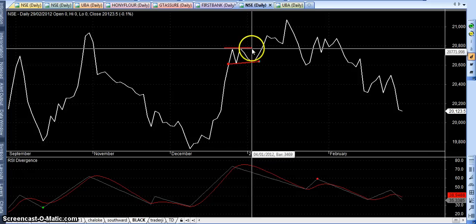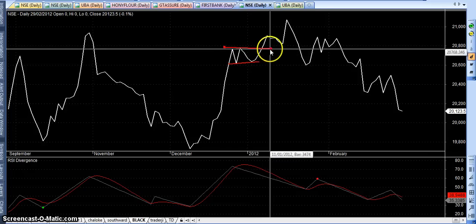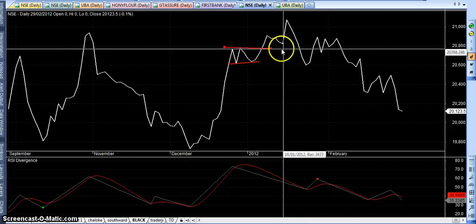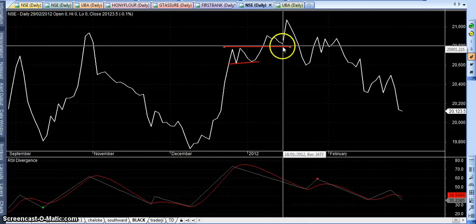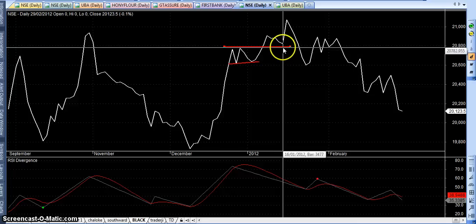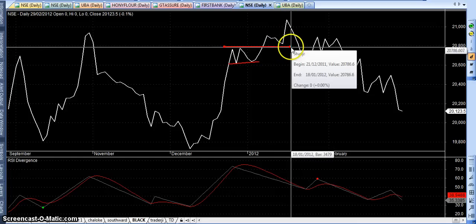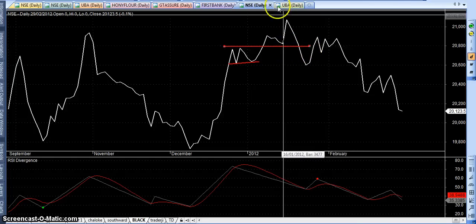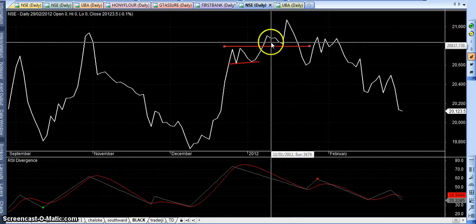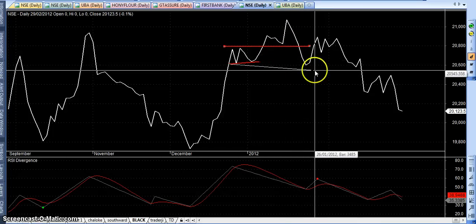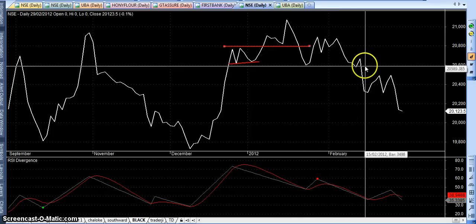Within that period, the NSE found support, and before it broke out and found a low around this area, which was now a support level, and it bounced off. And what happened next? It broke through that resistance and support channel and came back right within this area.